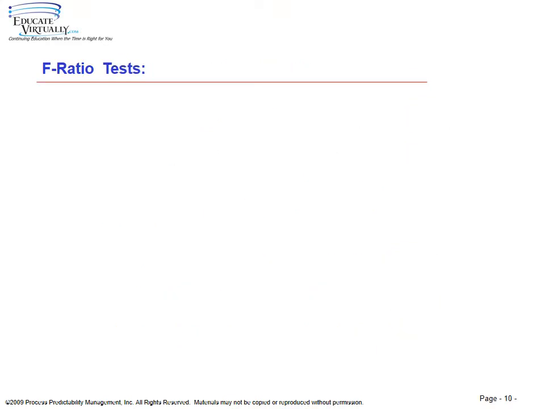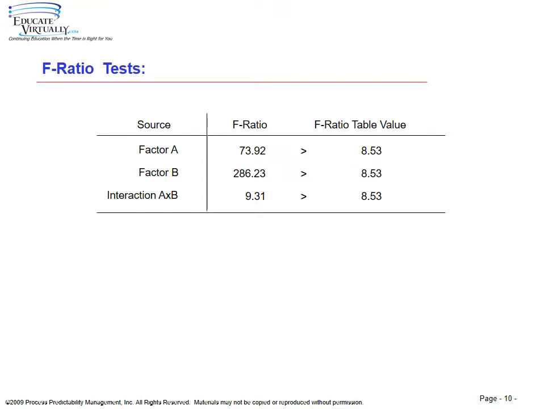Let's review our F ratio tests. When we compare the values that we calculated for F ratios against the table values, as long as the F ratios that we calculated are larger than the table values, then we can say that there is a significant difference when any one of our factors or the interaction change their level settings.